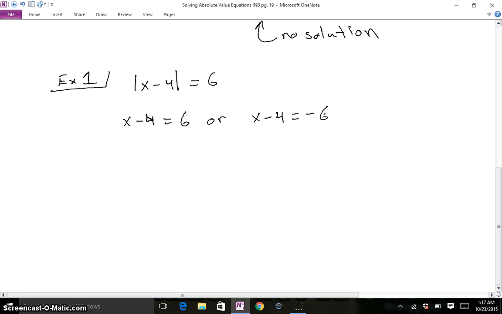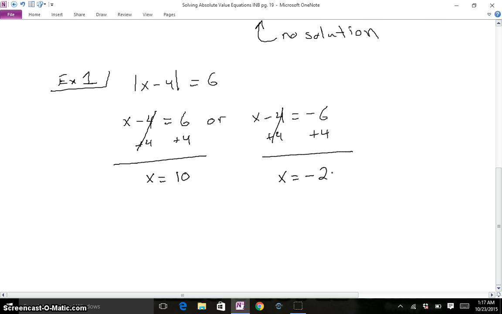And we'll solve for both of them. So add 4 to both sides. I'm going to do it here at the same time. So those cancel. X equals 10. These cancel. X equals negative 2. So your solutions are 10 and negative 2.